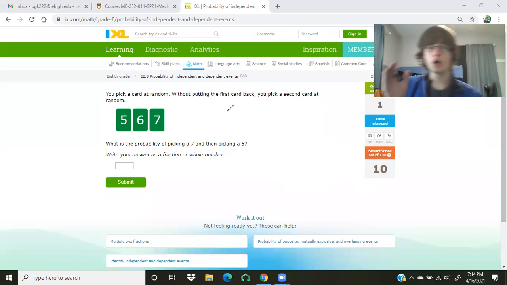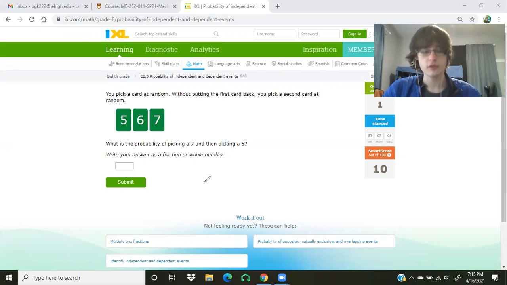So the results of the first card picking affects the probability of the second card pick. If you had put the 5 card back, they'd be independent events because it wouldn't matter what card you got the first time, the probability would always be the same the second time to draw a 5.